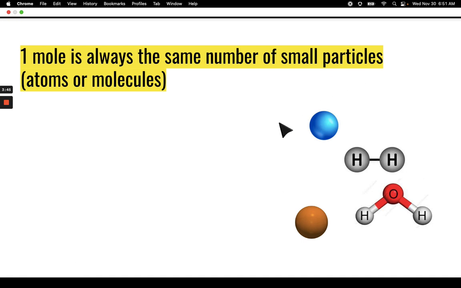Atoms, which are the singular, most fundamental particle of most elements, but as we recall, there are 7 elements that are diatomic. And so we could also count moles of diatomic molecules here, because they're also small. Or if we have a compound like water, again, it's in a molecule form. We could have a mole of water molecules or a mole of other kinds of atoms.